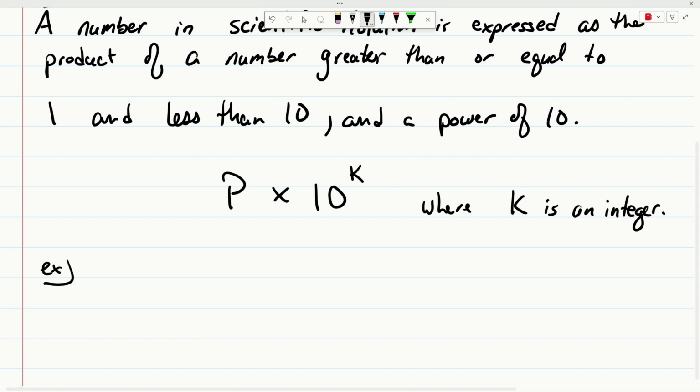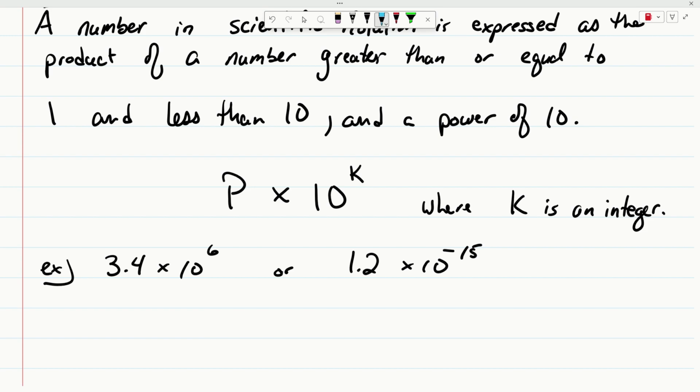All right, and I'm pretty sure you've seen scientific notation before, but if you haven't, a number written in scientific notation would be something like 3.4 times 10 to the 6th, or let's do 1.2 times 10 to the negative 15. Both of these are examples of scientific notation.